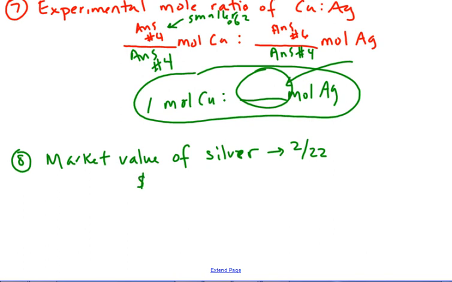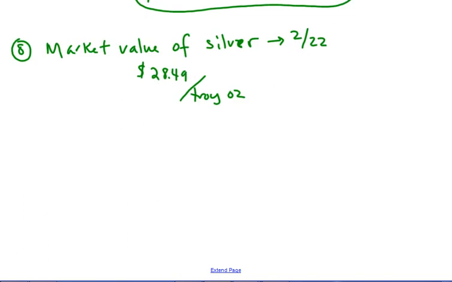The value of the silver was $28.49 per something called a troy ounce. But unfortunately, we did not measure our silver in troy ounces. We measured it in grams. So we're going to have to think about that in this next question. But that's all there is to number 8. You're just recording that value from the internet.